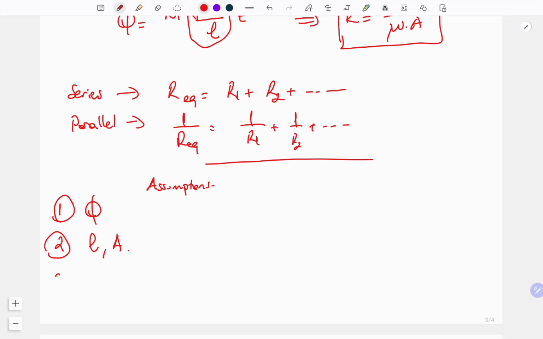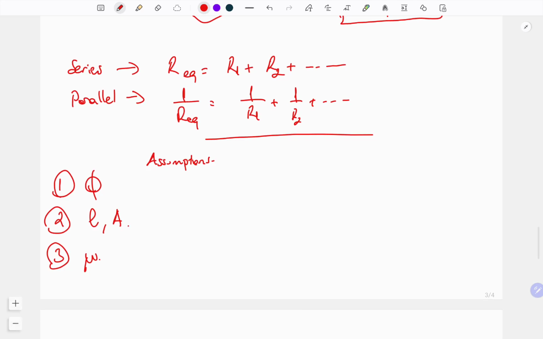Another one is about the permeability. We will operate the systems in the linear region, so we can assume the permeability is constant during our calculations.